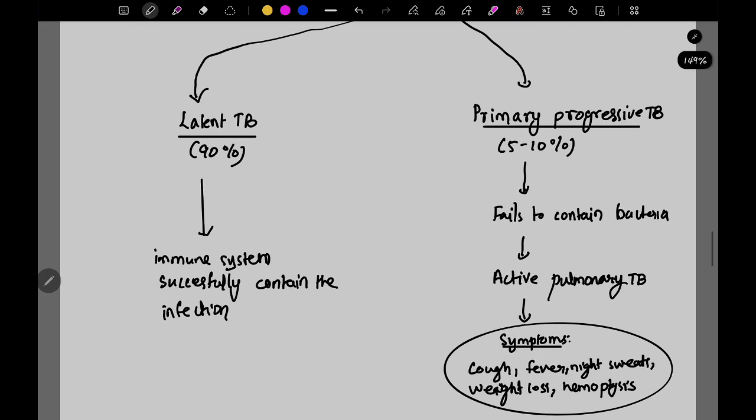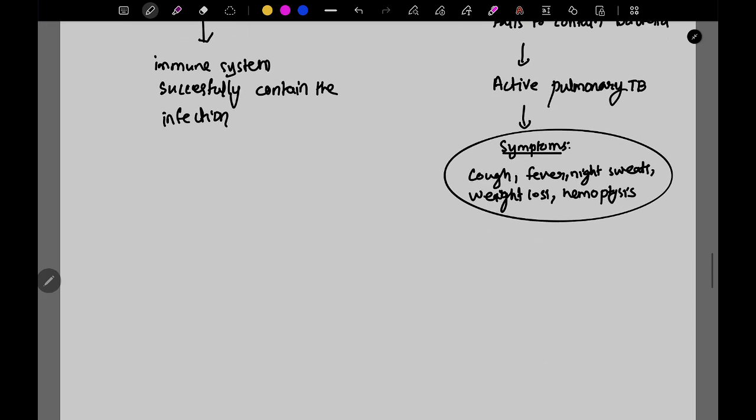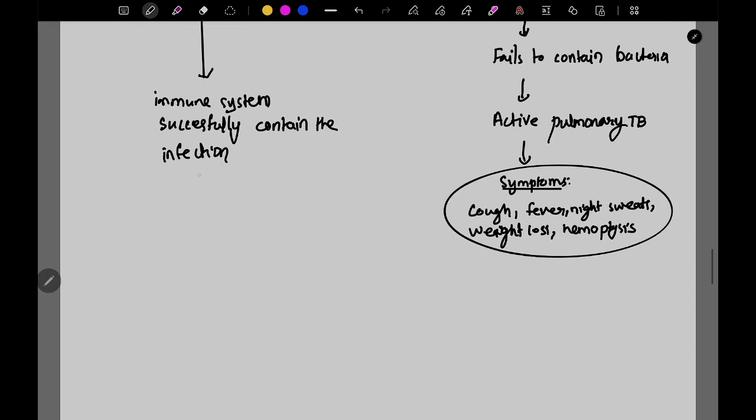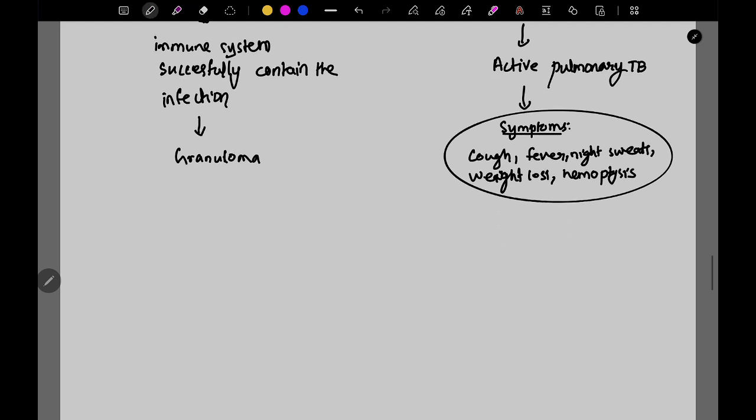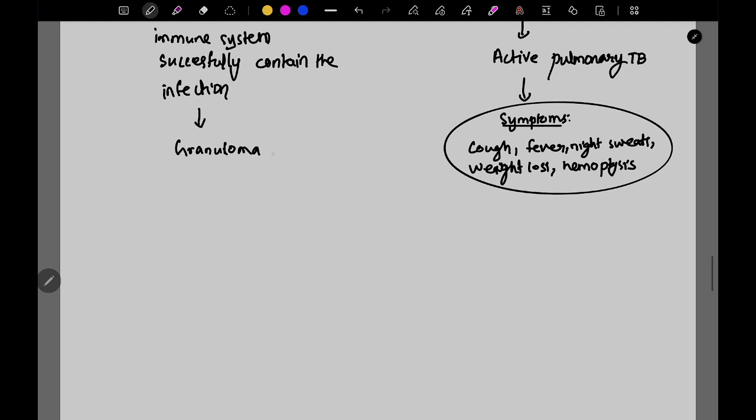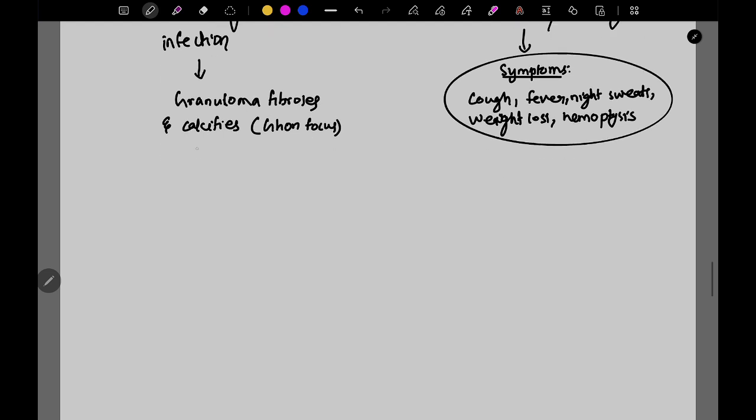This develops in primary progressive tuberculosis, and in people in whom the latent stage of TB occurs, the granuloma enlarges. The granuloma undergoes fibrosis and calcifies. That is called Ghon focus. And the bacteria go dormant.